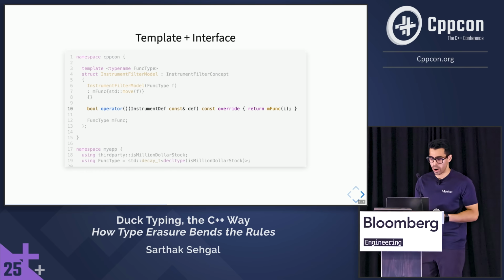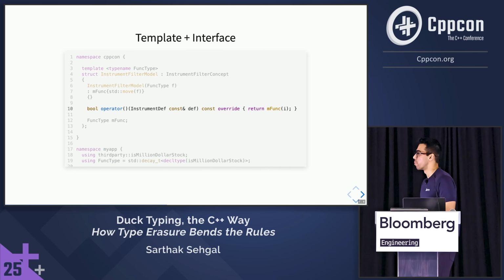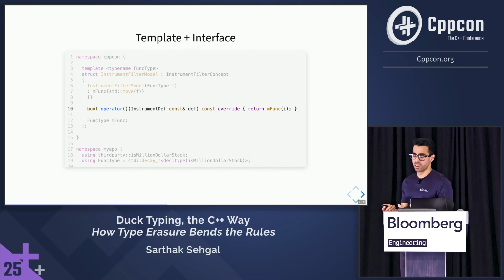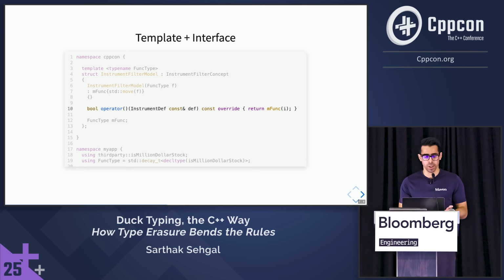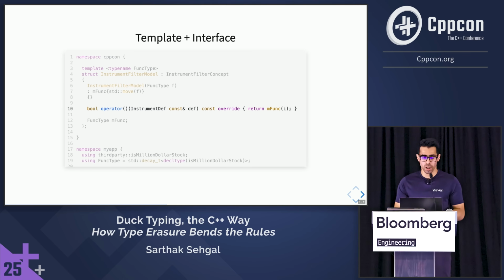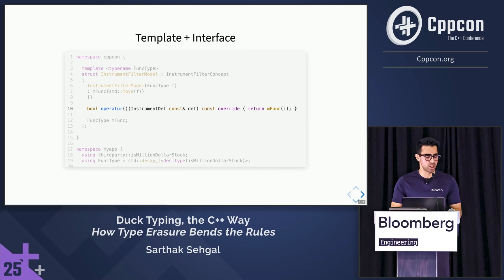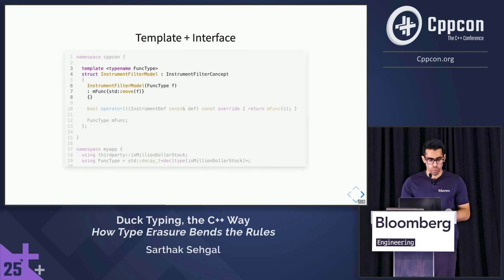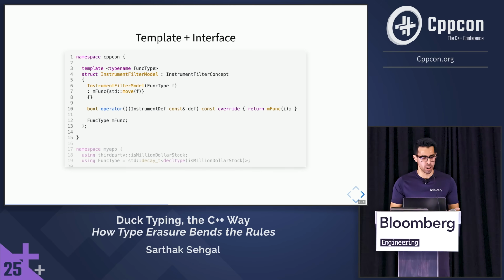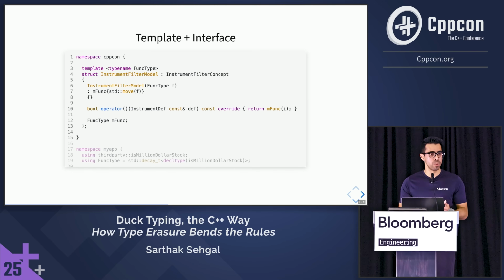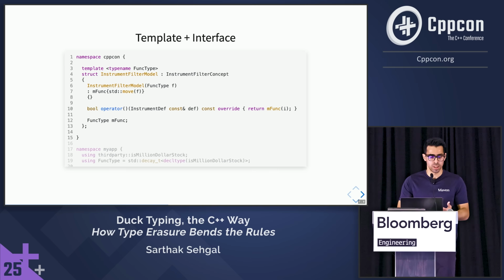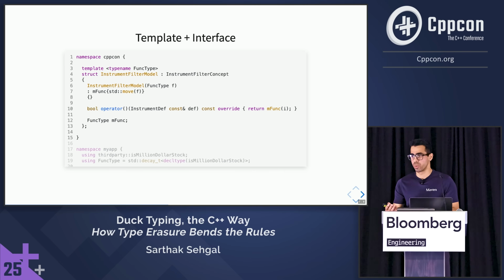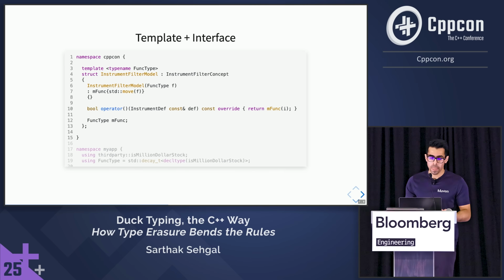It also has, since it inherits from the filter concept class, it overrides the function call operator, takes in the instrument definition, returns a Boolean, and all it does is invoke this function that was passed to it during construction. So with this, I have a generic class now, which inherits from the base class, and you can pass it whatever you want as long as it's invocable by the instrument definition and returns a Boolean.